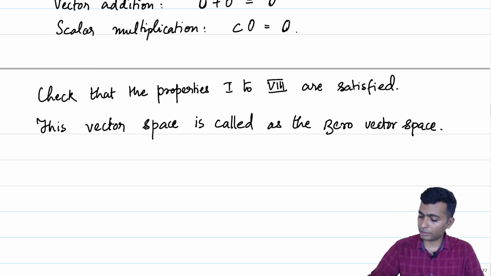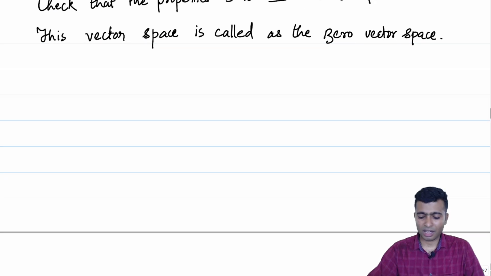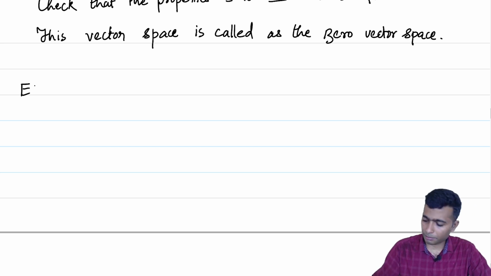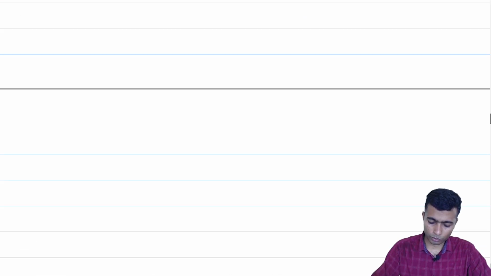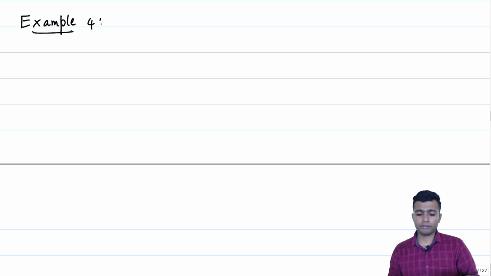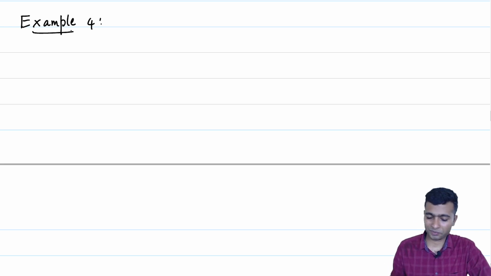Okay, so till now we have only seen examples which are either familiar or not very interesting. So let's now consider an example. This is example 4. Let's consider an example which is a bit more exciting.